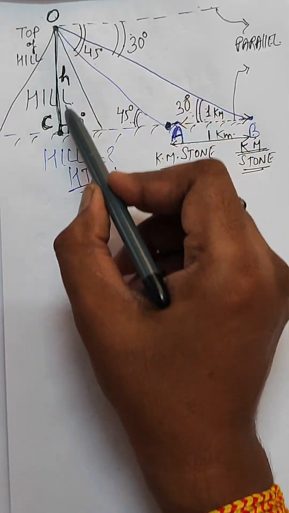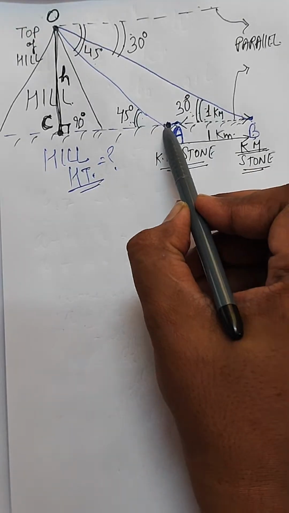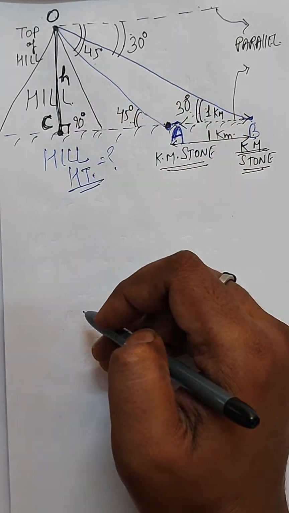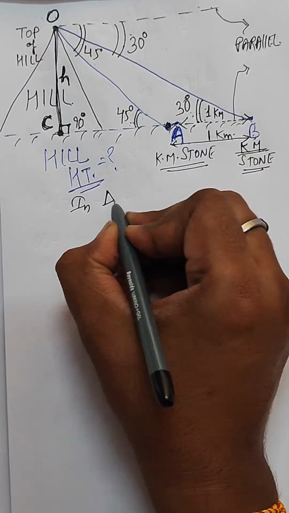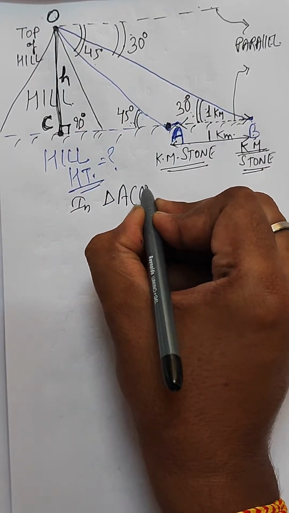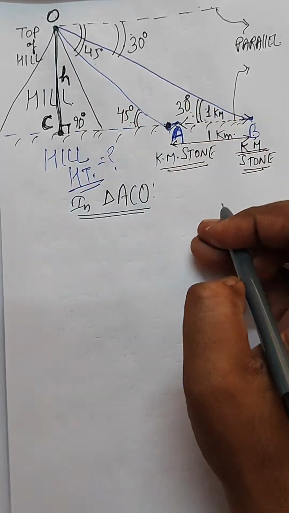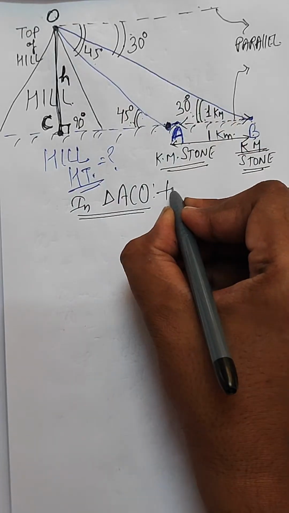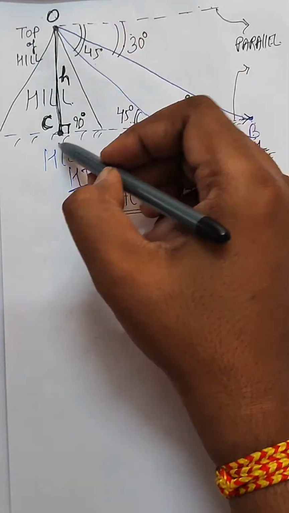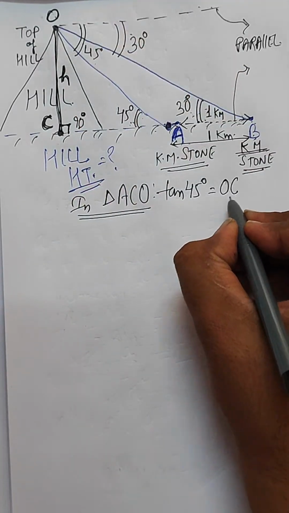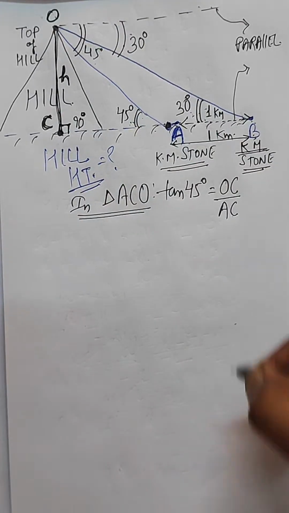So let's take the smaller triangle first, triangle ACO. In the right triangle ACO, can we write that tan 45 degree is equal to OC by AC, right?